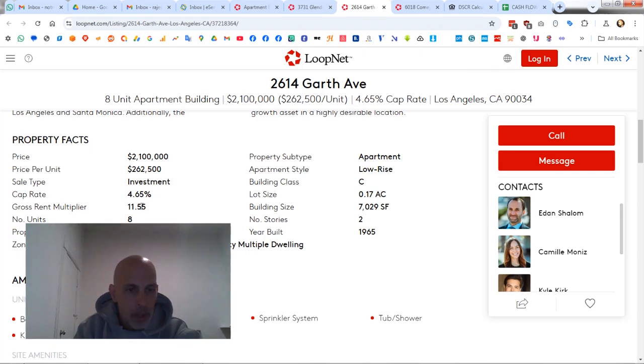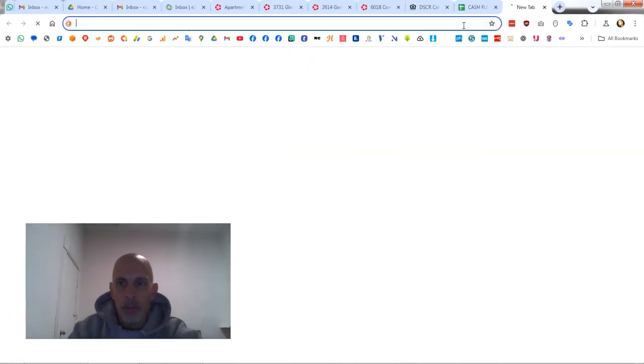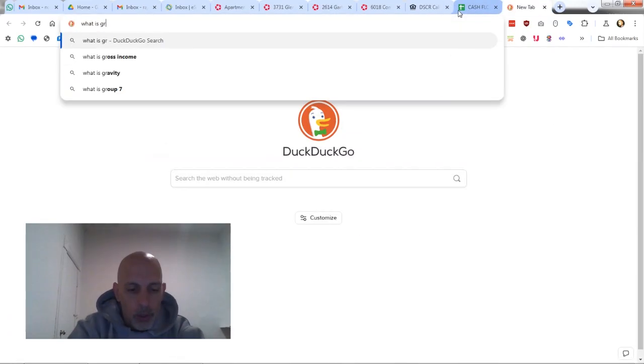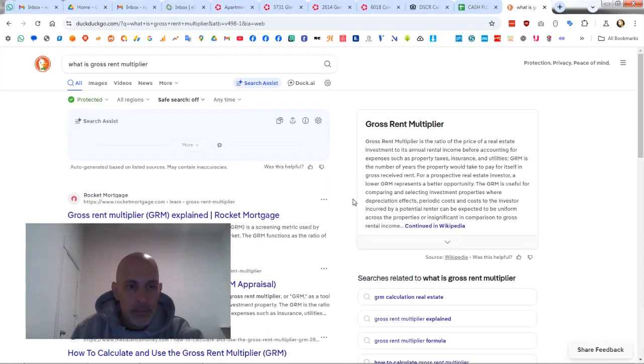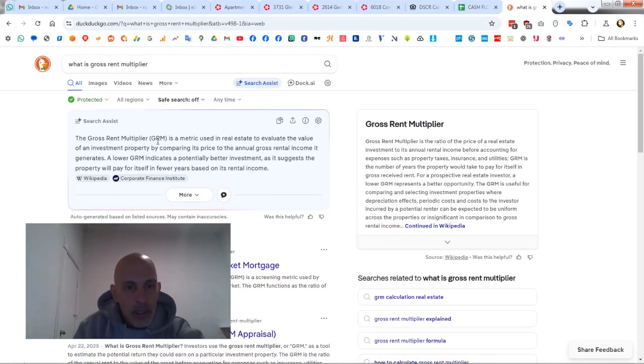Gross rent multiplier, 11.55. So what do they mean by gross rent multiplier? The gross rent multiplier is a metric used in real estate to evaluate the value of an investment property by comparing its price to the annual gross rental income it generates.